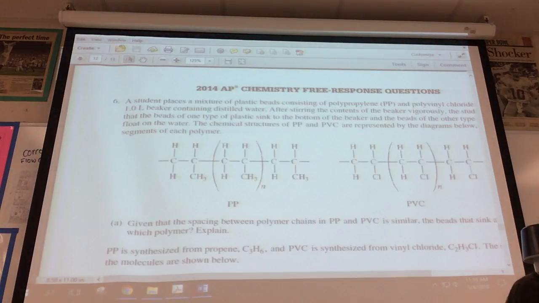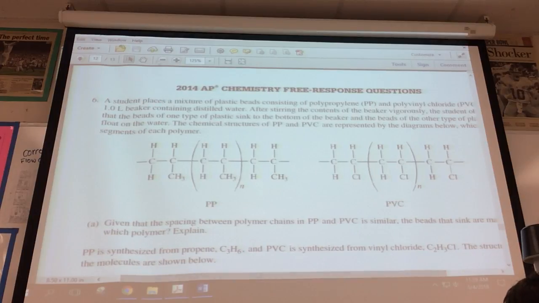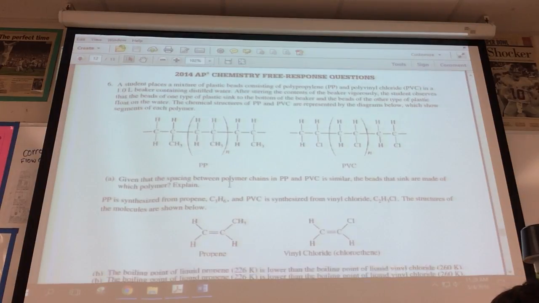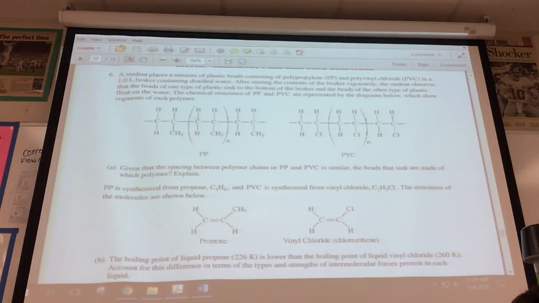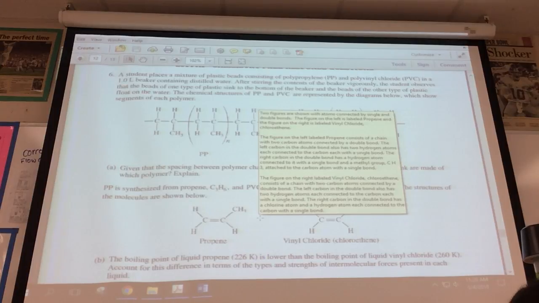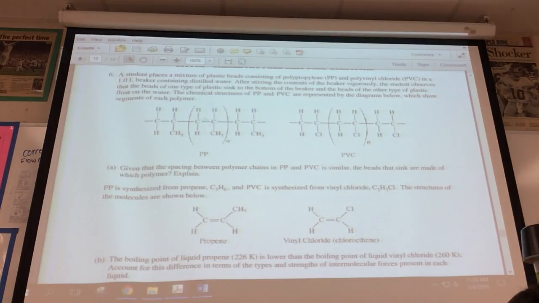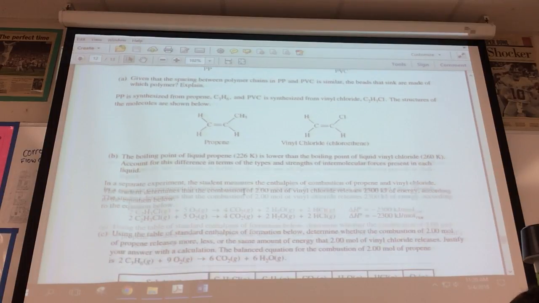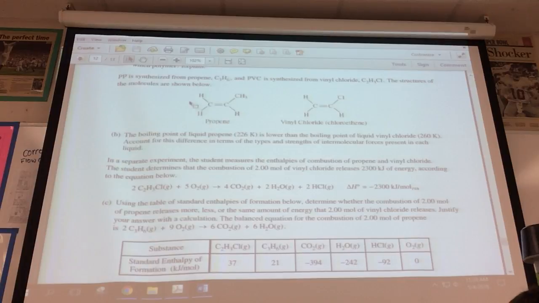This was the first year that they tried out the new exam. There's like a whole bunch of these linkages. Why are they talking about polymers? Well, that's a whole separate issue, but let's just focus right here. This is AP chemistry in high school. It says PP is synthesized from propene and PVC is synthesized from vinyl chloride.